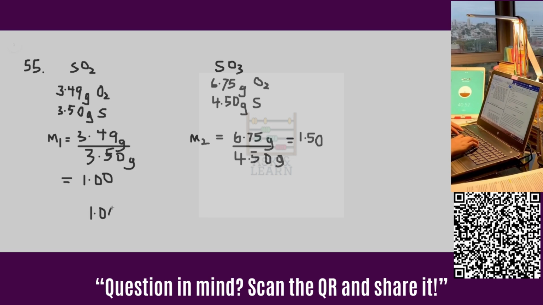So the mass ratio of the first sample to that of the second sample essentially gives us 2:3. Since we attain whole numbers here, these amounts are consistent with the law of multiple proportions. That is, the results we attained for these two samples are consistent with the law of multiple proportions.